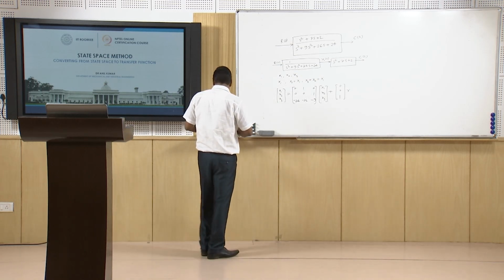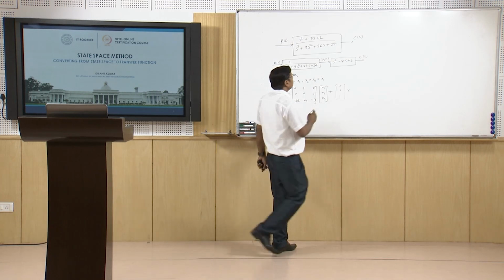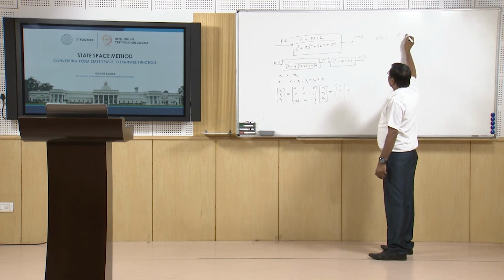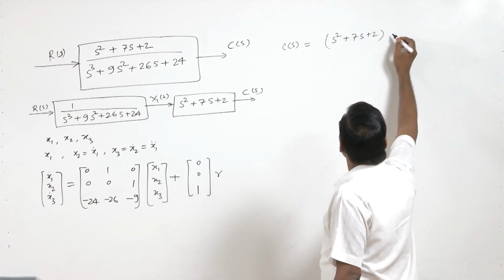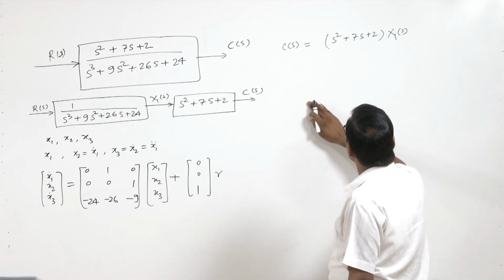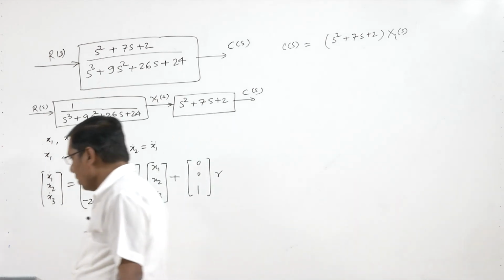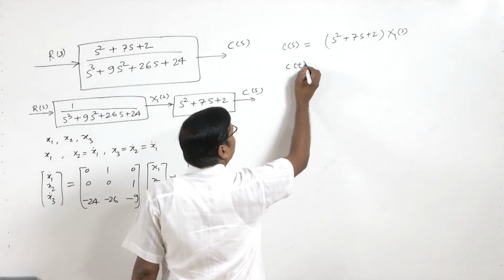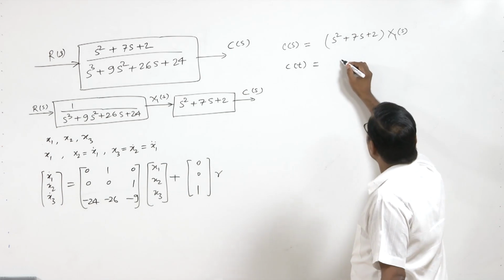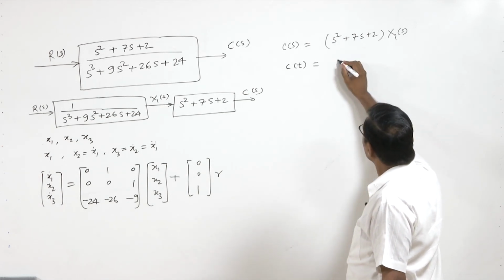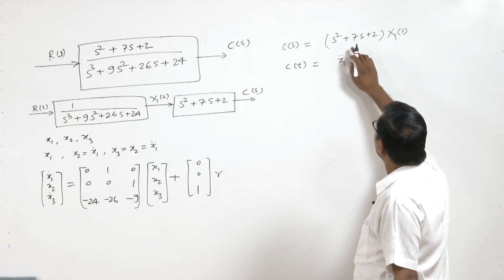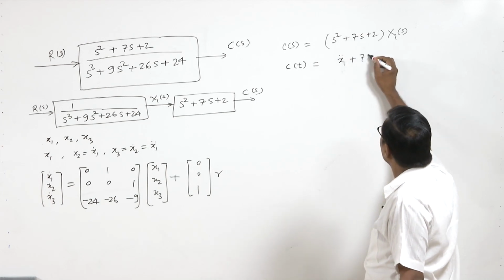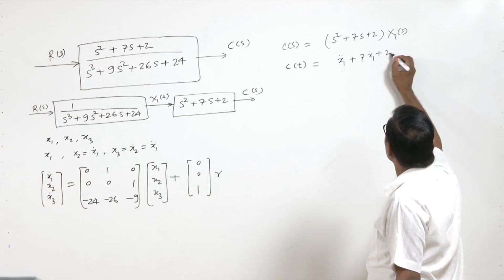Now we can write C(s) equal to s square plus 7s plus 2 into X1(s), and therefore we can write C(t) equal to x1 double dot, because we take the inverse Laplace transform, plus 7 x1 dot plus 2 x1.